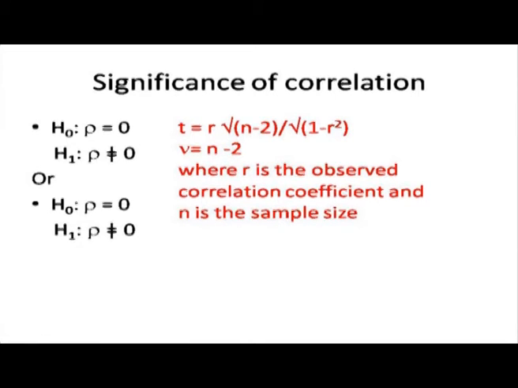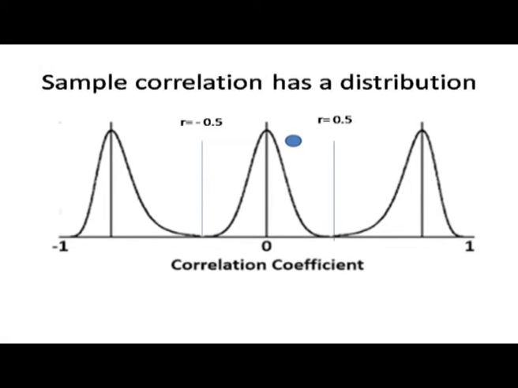Actually, this idea of sampling fluctuation is better shown by this figure. Imagine that there is a population in which two variables are uncorrelated, means correlation is 0.